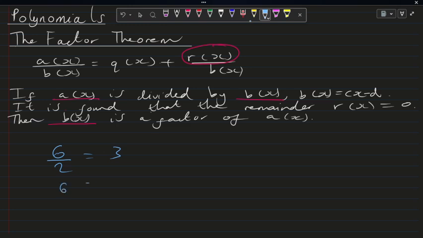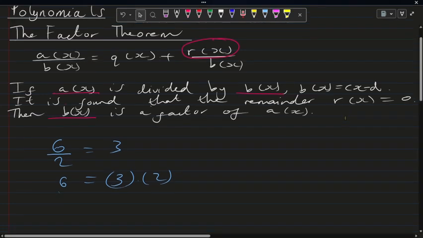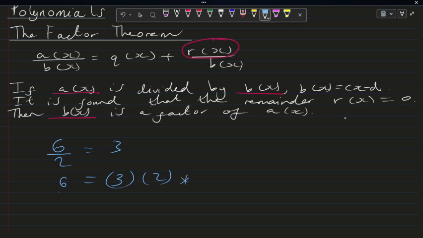This enables me to write 6 in a very interesting manner: I can say 6 is equal to 3 times 2. What I've done is I have expressed the number 6 as a product of its factors. I have simply factorized 6.